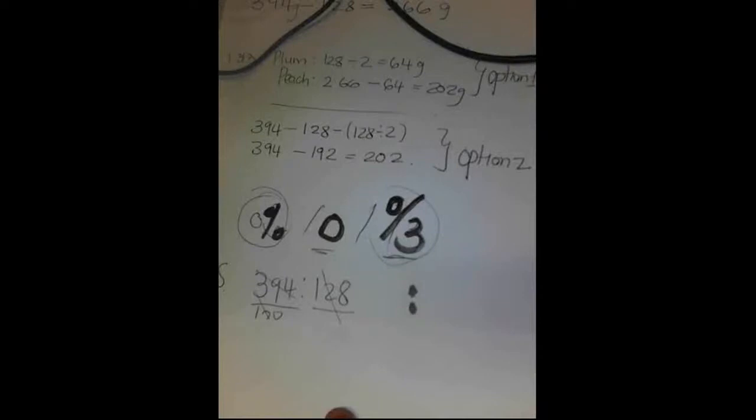So the total mass of fruit, that value is 394 to 128. And we know the universal ruling is always to simplify where possible.